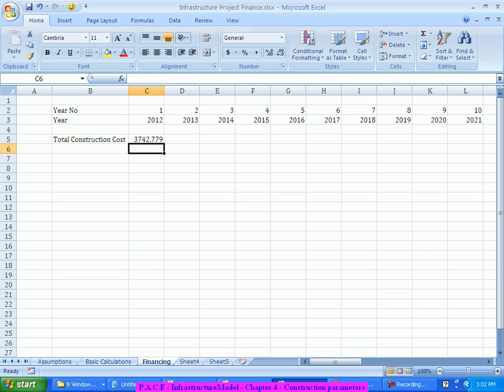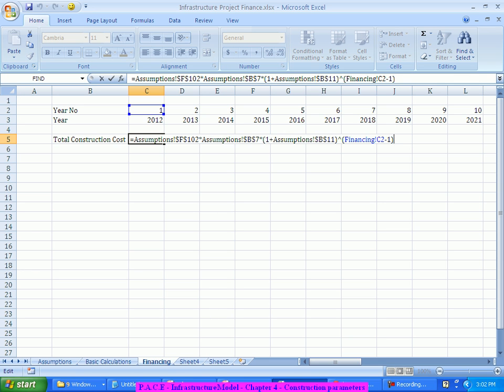Some 3742. Okay. So this is the total construction cost, whatever we got, 9,000 odd, multiplied by 40%, multiplied by 1 plus the inflation rate 5% to the power this minus 1.